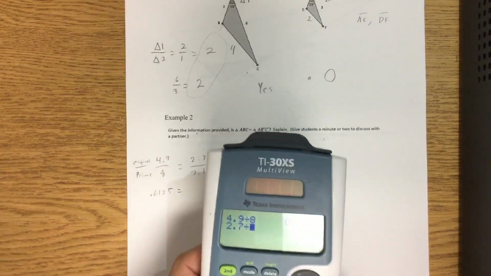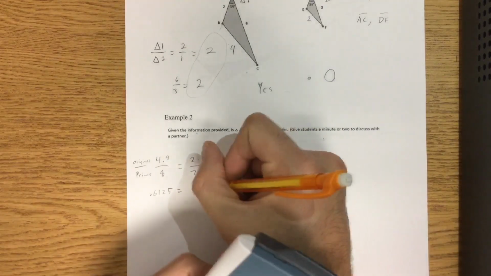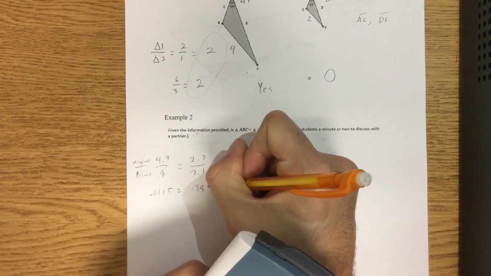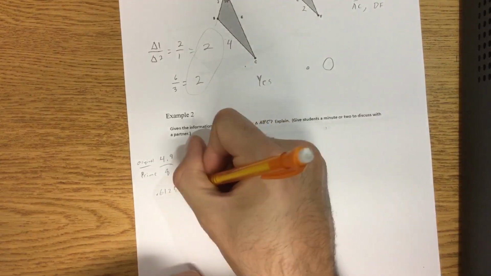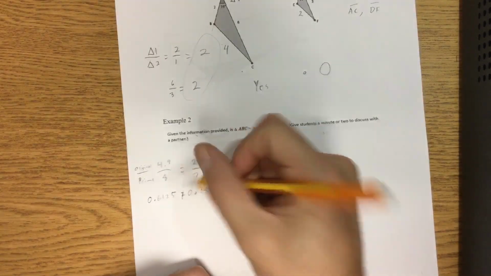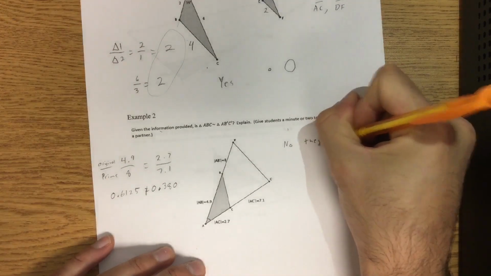So we'll look down here: 2.7 divided by 7.1. That's 0.380. Those numbers are different. They do not equal. So here we'd say, no, they are not.